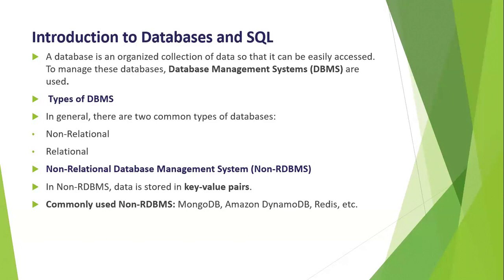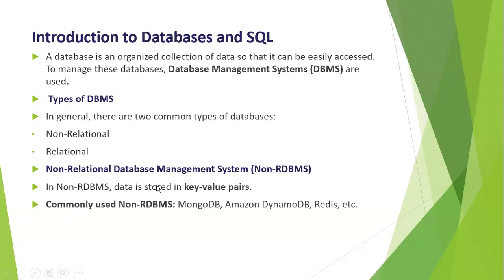The department table has department name and department number, which can be related to employees because employees work in a particular department. So we can relate those tables. That is called a relational database management system, RDBMS, where we can relate the tables in the database.